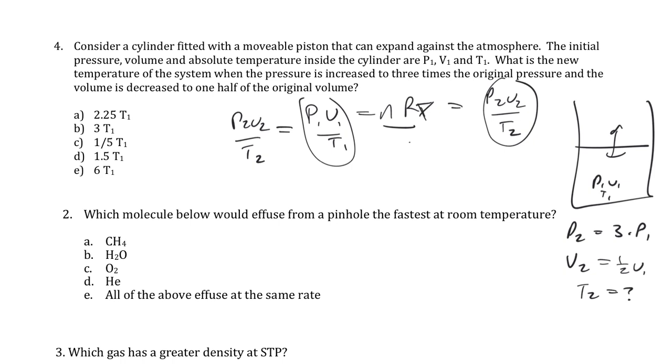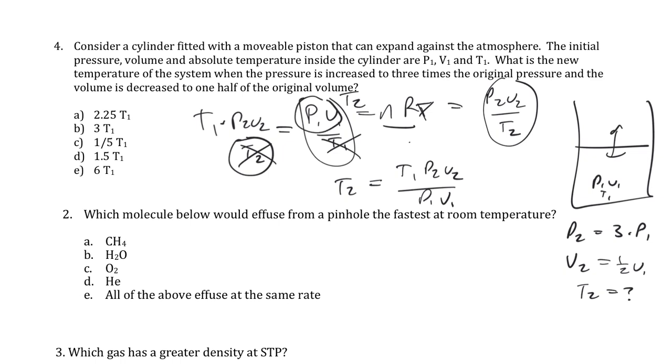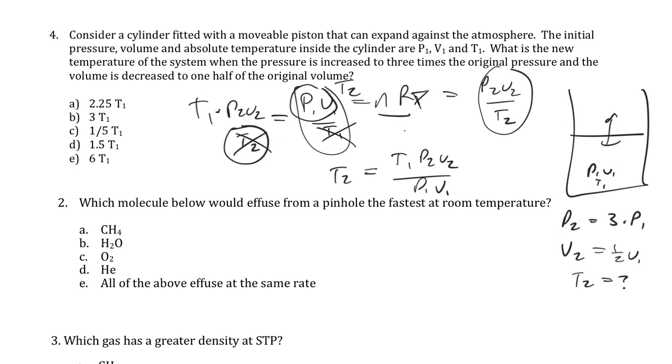Now if we rearrange this equation to solve for T2, I'll put T2 over here, and put T1 over here to multiply to both sides, and divide both sides by P1 V1. So I'll have T2 equal to T1 P2 V2 over P1 V1. It's just dividing both sides by P1 V1 and rearranging to solve for T2.